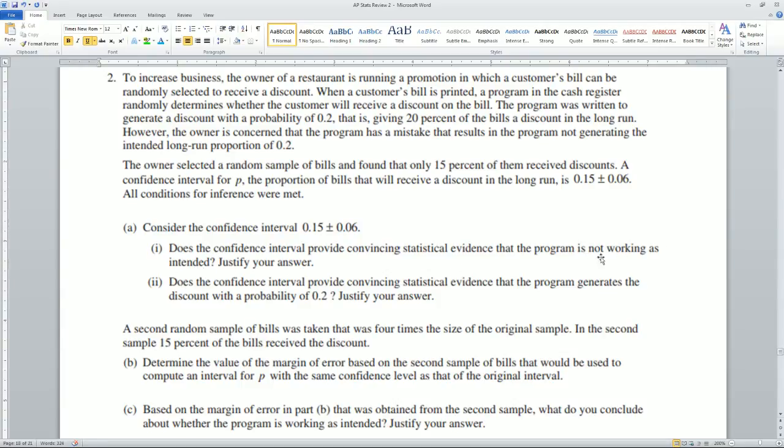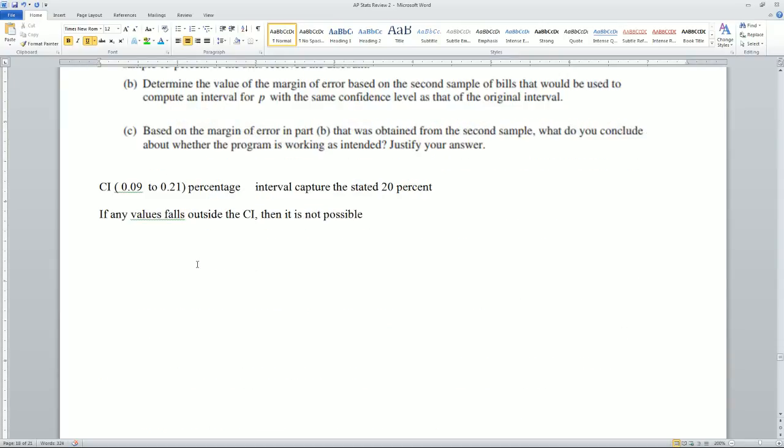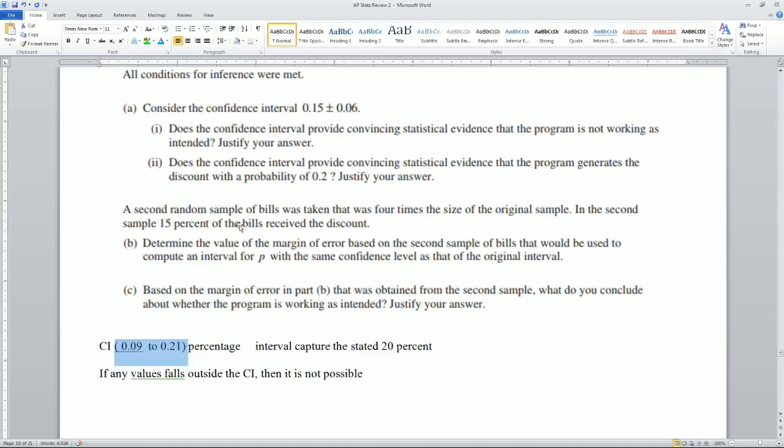But this one says that it is working as intended. There's a difference in the question. This one is not working as intended, right? So if it fits within this confidence interval, it is working as intended. Does that make sense?